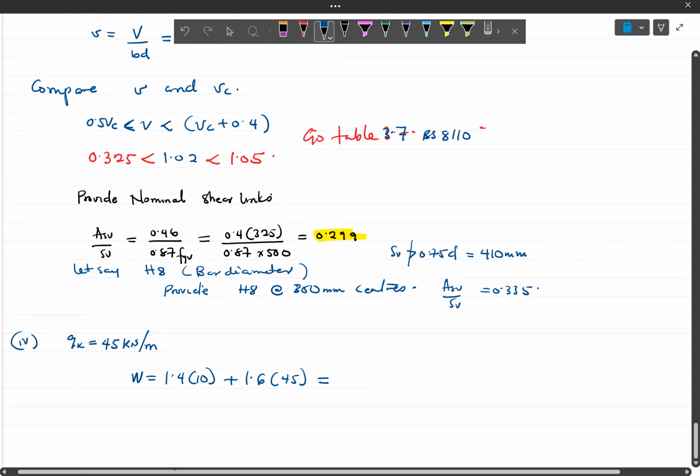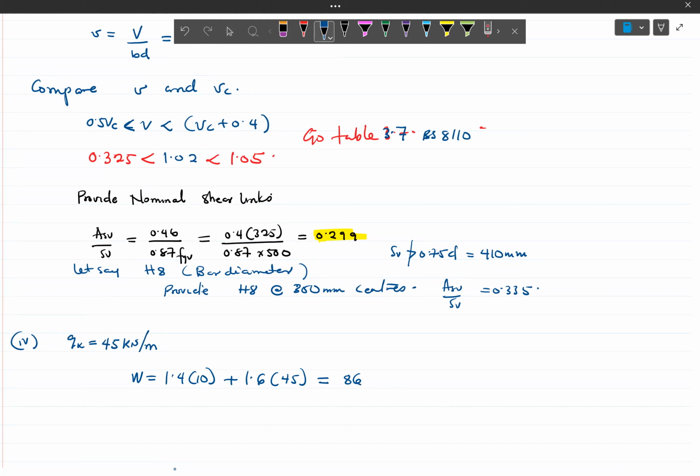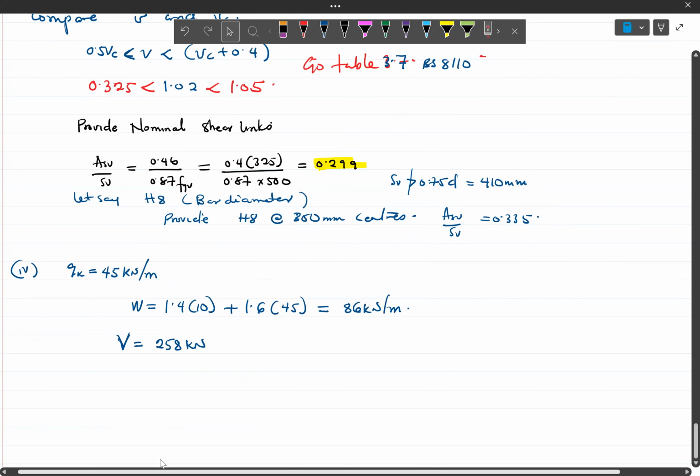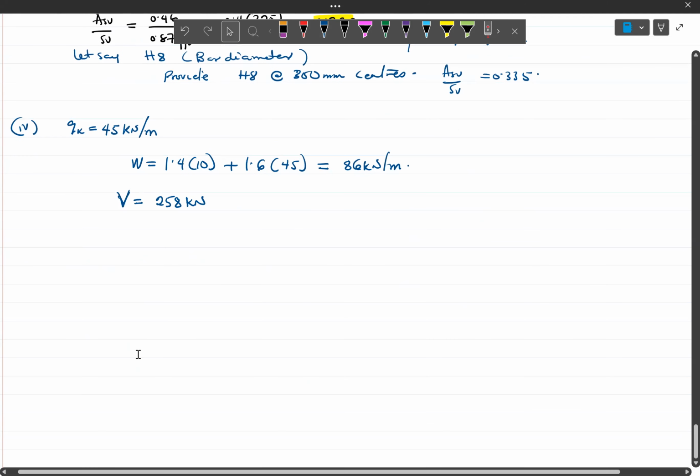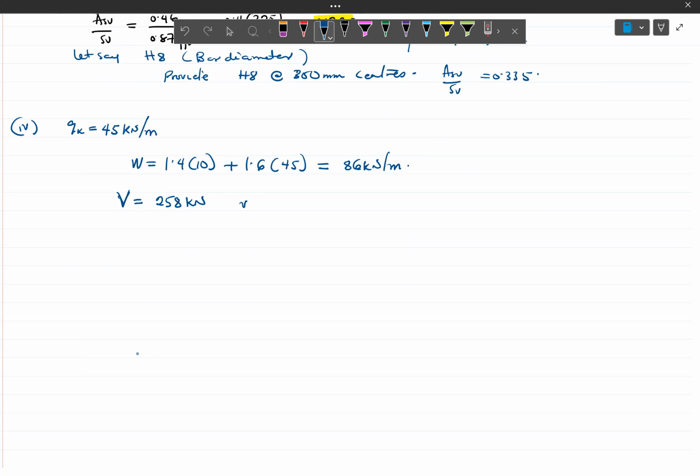This should give us 86 kilonewtons per meter. And this means that our maximum shear force V will be equal to 258 kilonewtons. Then our shear stress V will be equal to big V over BD, and that will be equal to 1.45 newtons per millimeter squared.